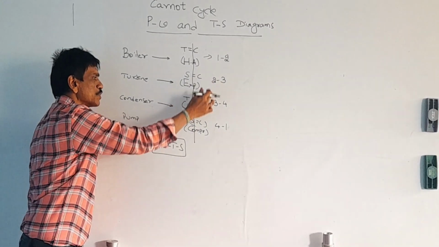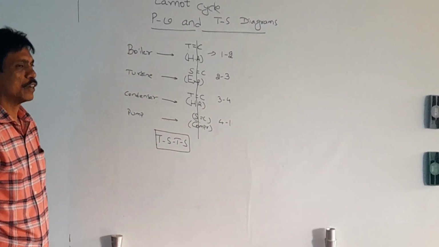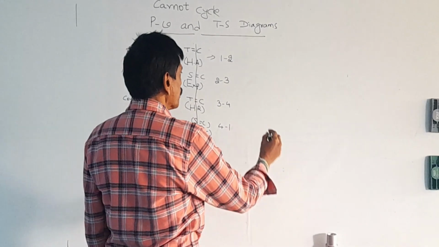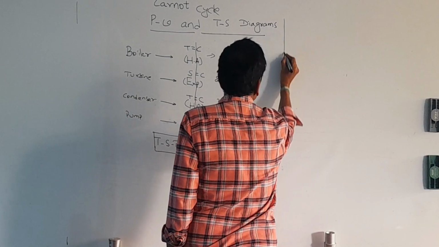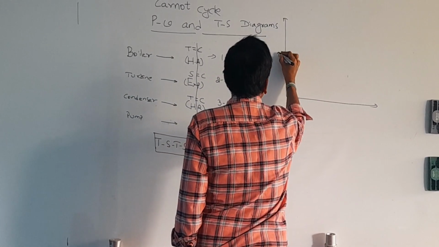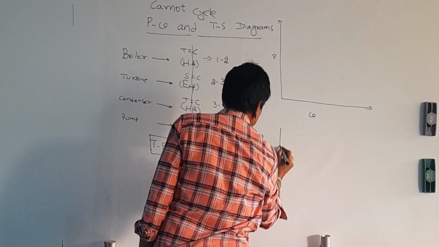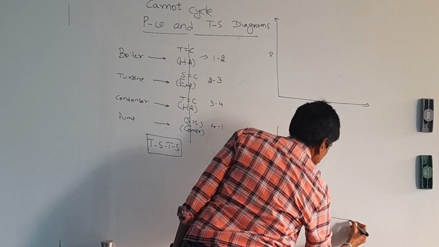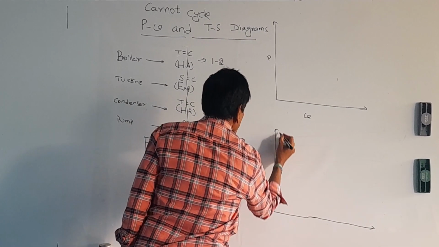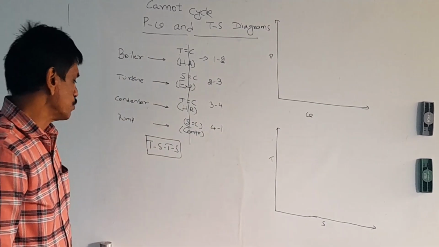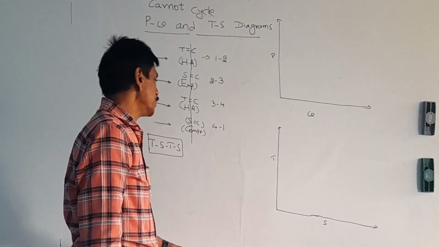So for this we will practice drawing the PV diagram and also the TS diagram. First we will practice the TS diagram and afterwards we will come to the PV diagram.